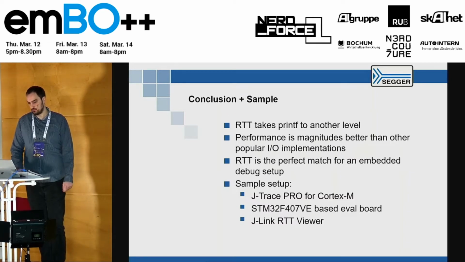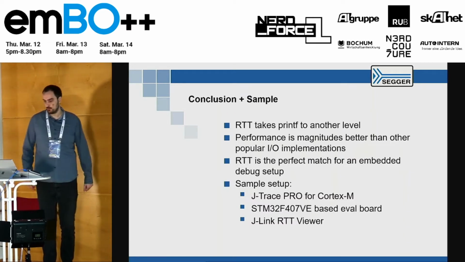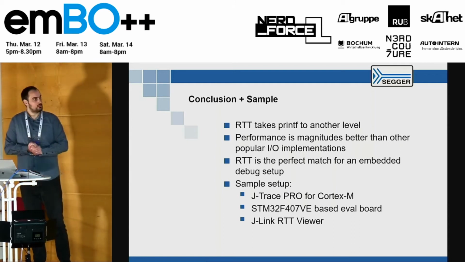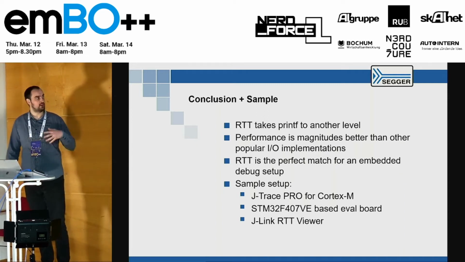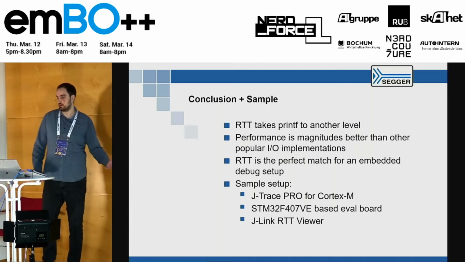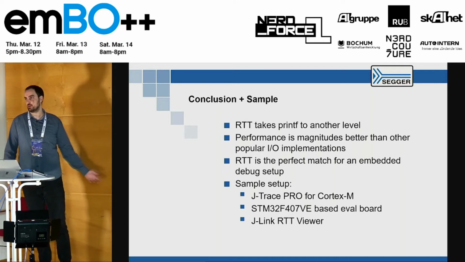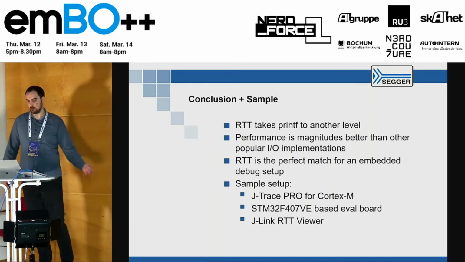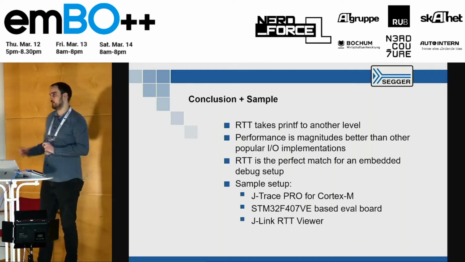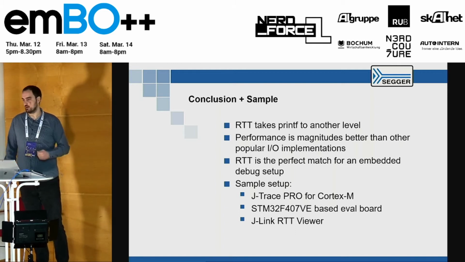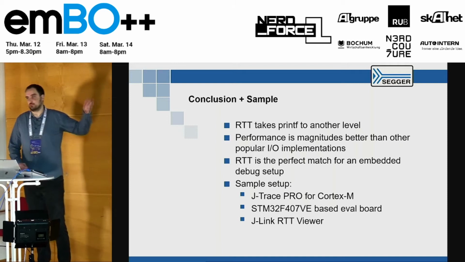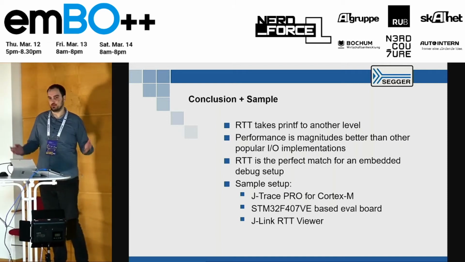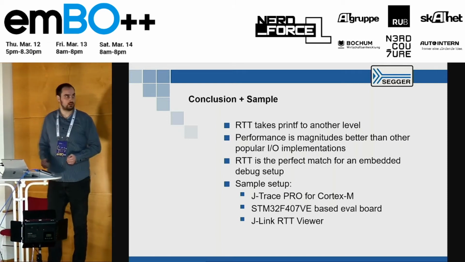So, what's the conclusion that we take from all this? I think RTT takes the whole printf idea to a completely other level. We don't have all this overhead anymore. We can simply use this, not think about it, and still have near real-time behavior of our system. As we saw, it's magnitudes faster than what most people are using currently.